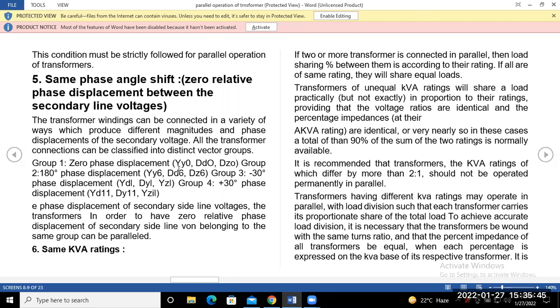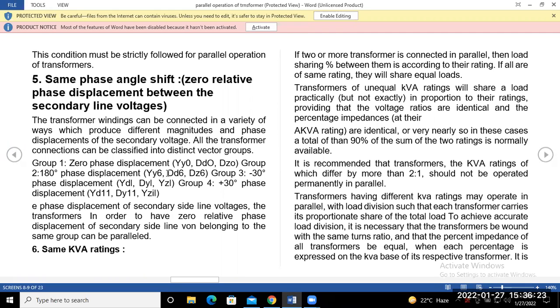And what do the capital Y and small y represent here? Capital D and small d. High voltage side and low voltage side. The capital letter denotes the high voltage side transformer winding connection, and the small letter, either a small y or a small d, represents the secondary side winding connection.